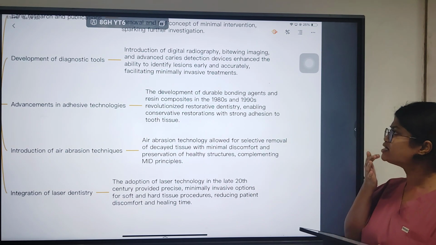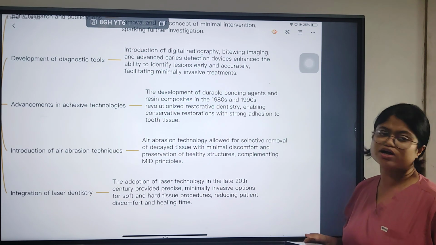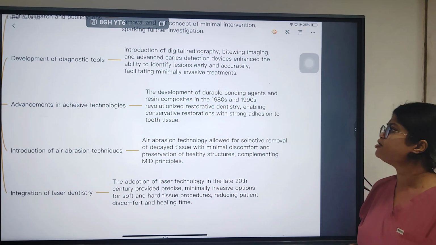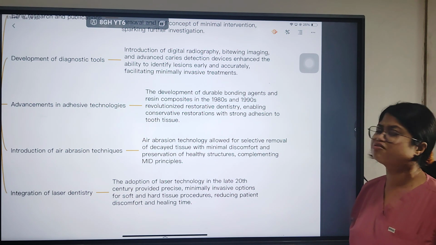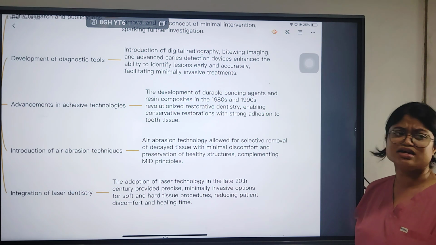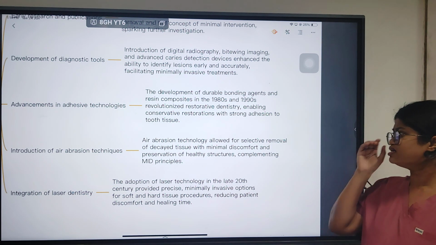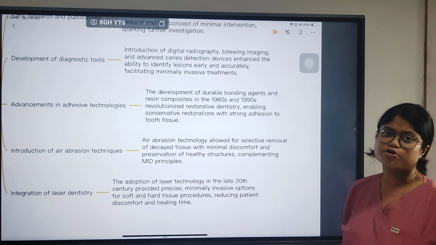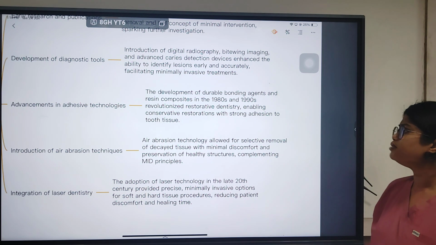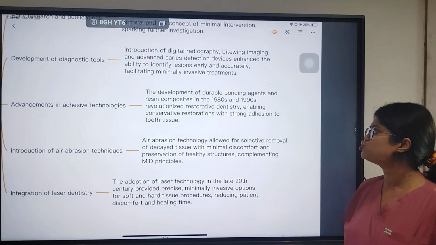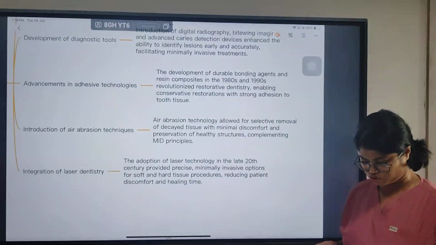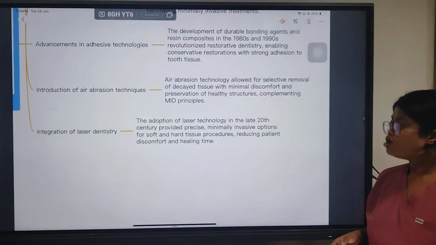The advancements are the development of adhesive technology, and the development of durable bonding agents and resin composites that took place in the 1980s and 1990s, which revolutionized restorative dentistry, enabling conservative restorations with strong adhesion to tooth structure.